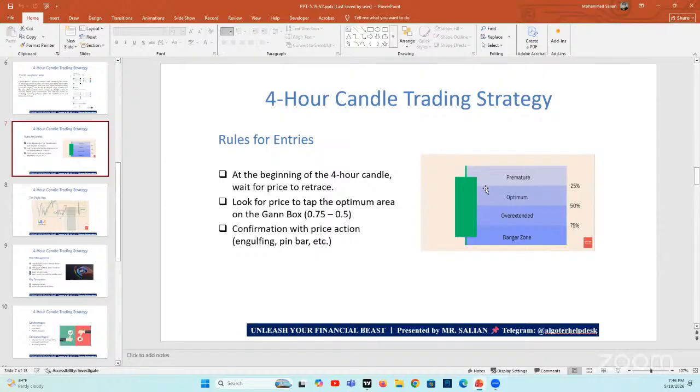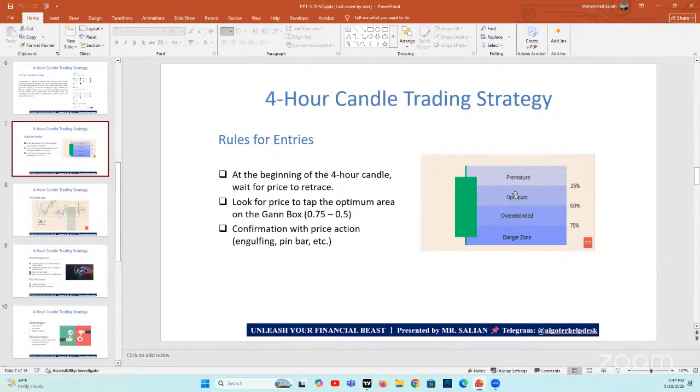Sometimes candles don't have this gap there. So at this point, it's now inside the optimum area. Look for price to tap the optimum area on the gun box.